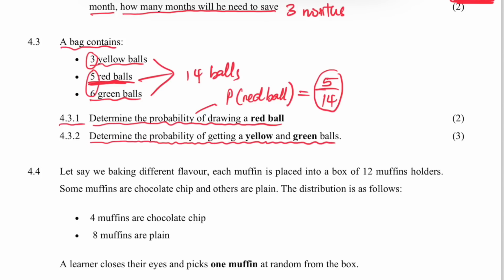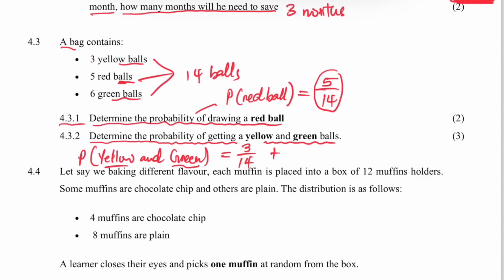Now it says determine the probability of getting the yellow and the green ball. The yellow and the green ball. So the probability of getting yellow and green ball. Let's look at the yellow. The probability of getting the yellow there, it's 3 out of 12, right? Because there are 3 yellow balls out of not 12. It's 3 out of 14. There are 14 balls, and getting the green balls there, how many possibilities of getting the green balls?